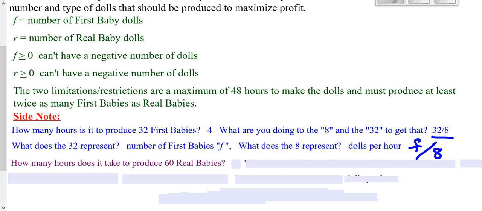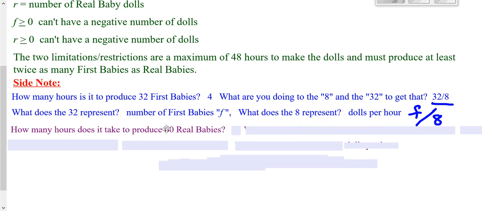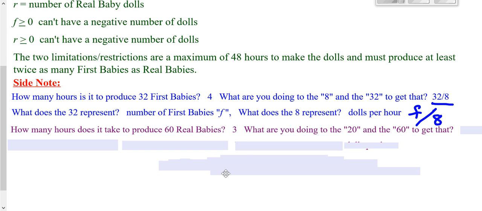Now, if we do something similar for the real babies, up here, for real babies, they can do 20 per hour. So if we have 60 real babies, we end up getting 3 hours if we're doing 20 an hour. So the question is, what are you doing to that 20 and to the 60 to get our answer of 3? We're taking the number of babies, 60, dividing it by 20, which is the per hour.